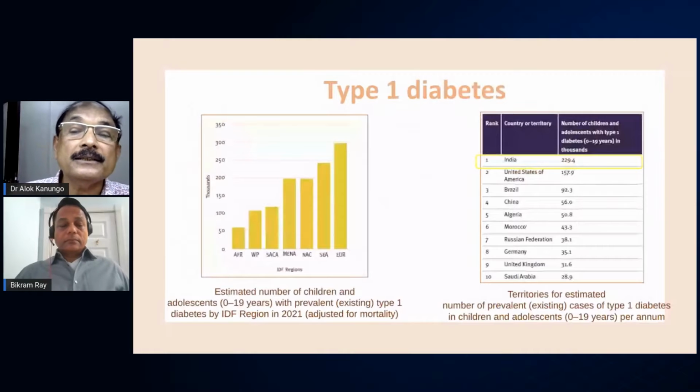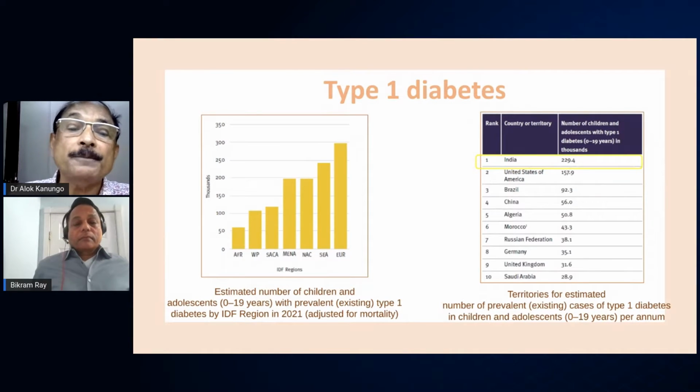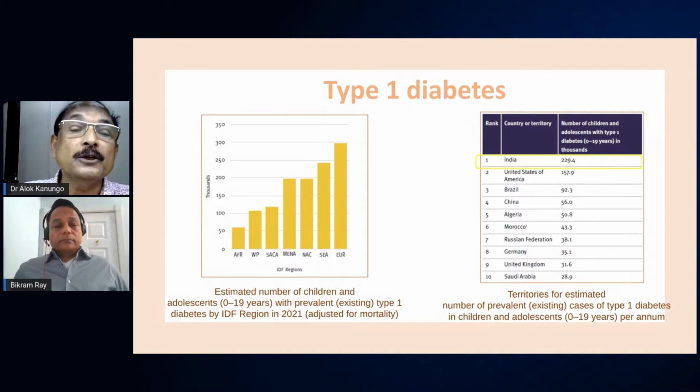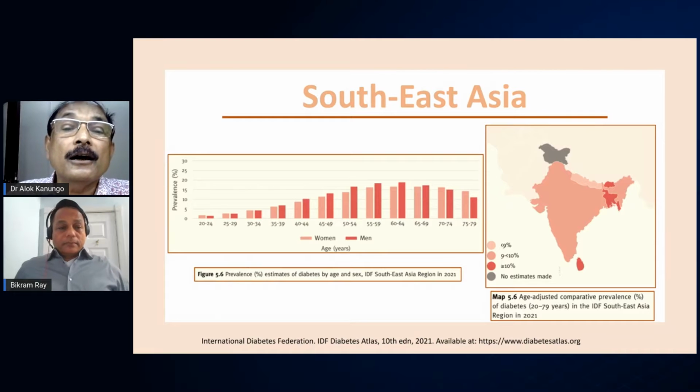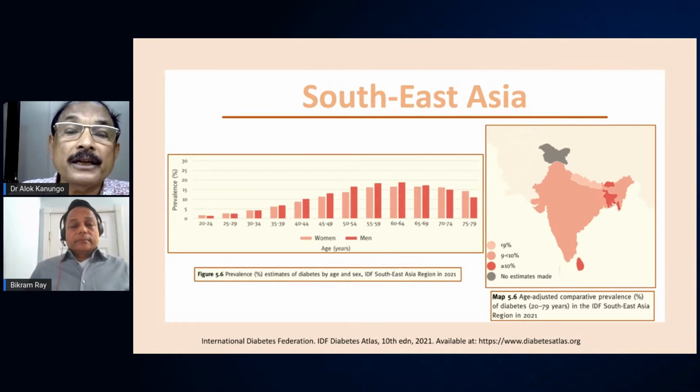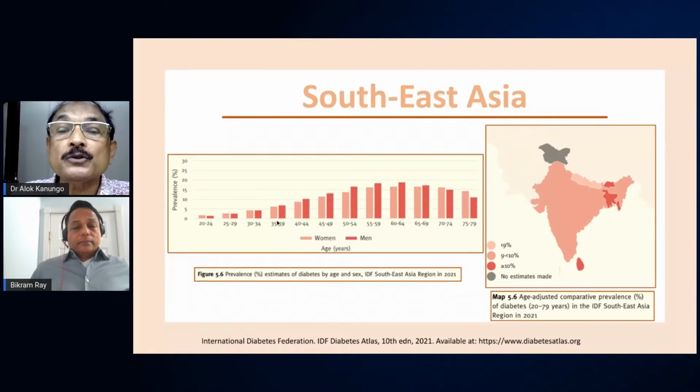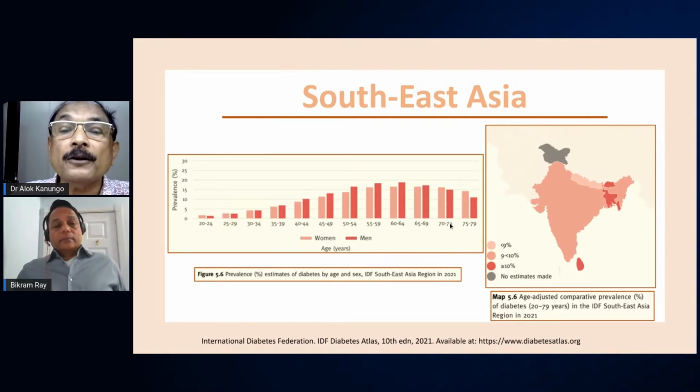As you can see, diabetes in children, or type 1 diabetes, is increasing hugely in Europe and other countries, and in a few years it will be more. But in Southeast Asia, the International Diabetes Federation's study is that between the ages of 35 to 75, or even 80, the number of diabetics is increasing very heavily.